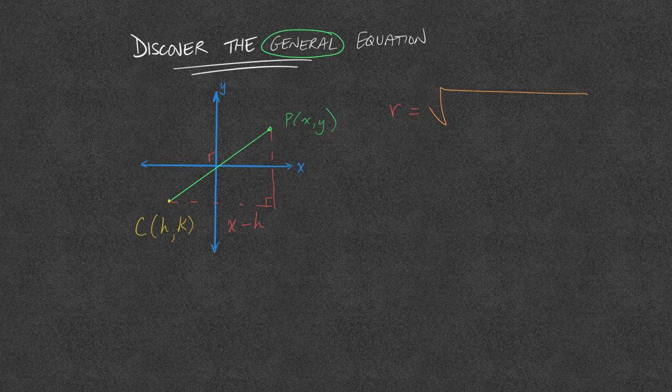I know that my vertical component has to run from Y down to K. So I subtract them. And now we could just use the Pythagorean theorem and we could say that my horizontal side squared plus my vertical side squared has to give me the length of my line segment.